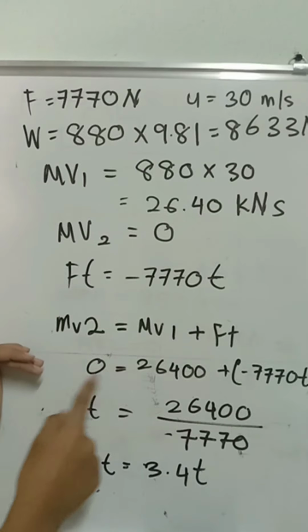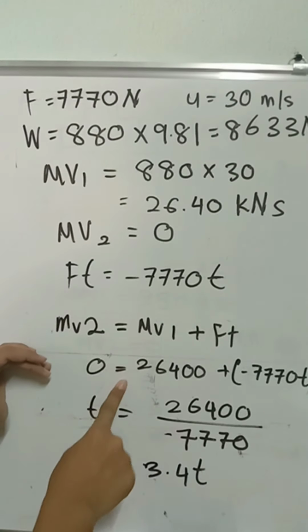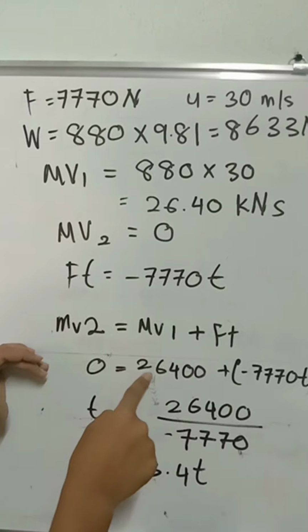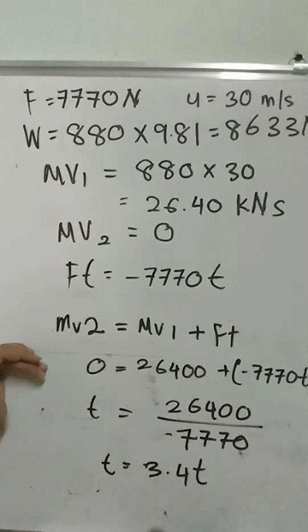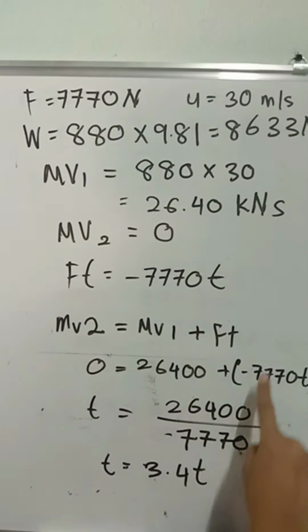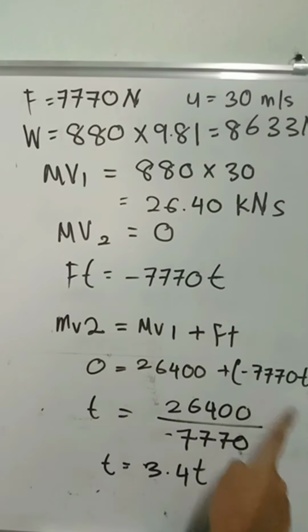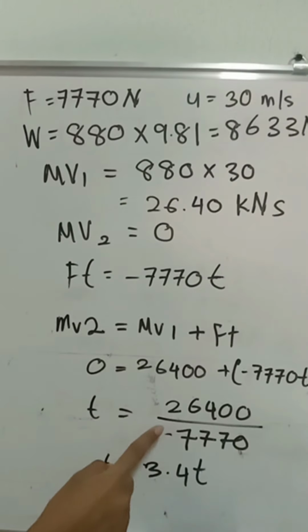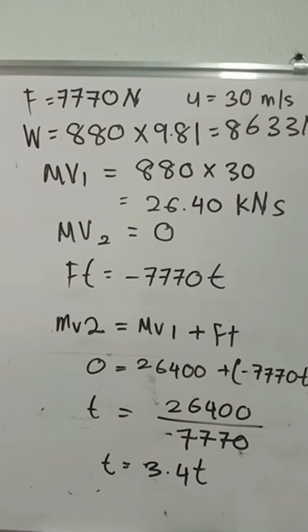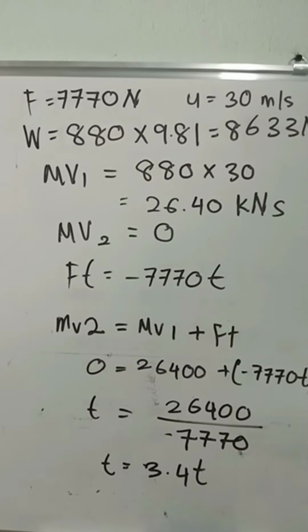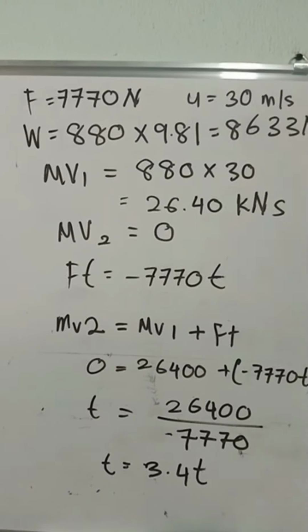So 0 equals 26,400 plus negative 7,770 times t. So t equals 26,400 divided by negative 7,770.